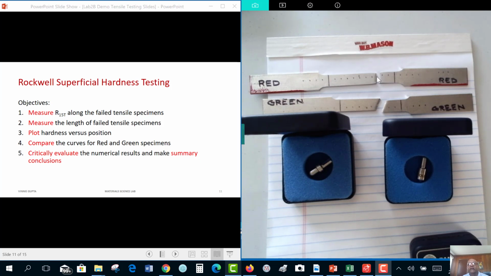So we need to measure the length of these two halves. And then we are going to plot hardness versus position. We are going to compare the curves for red and green specimens and see if they correlate with our tensile curves. And then we are going to evaluate our results, make summary conclusions.